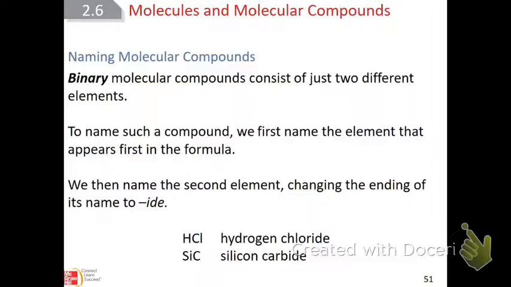So we're going to learn how to name those now. But I'm not going to do that using these slides. I want to veer off of the slides and do this using my Doceri tablet instead. But I do want you to know that they are all going to be named exactly the same way.